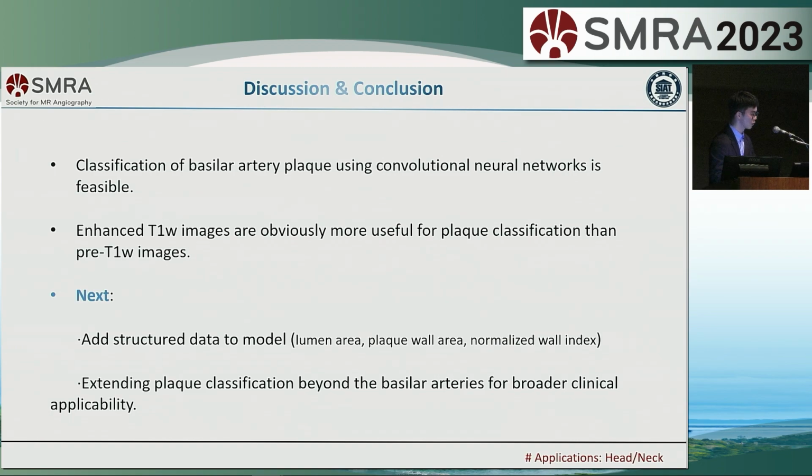In future work, we will try to add some structured data to the model in order to improve its performance, and we will try to obtain more types of vessel wall data and conduct more experiments.